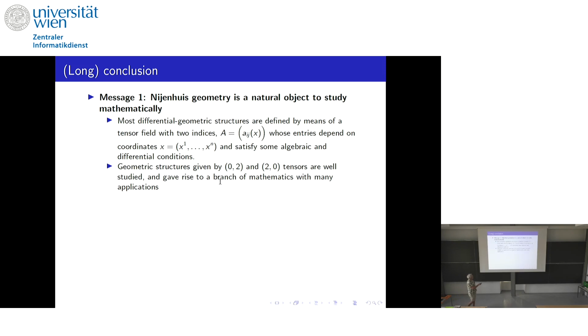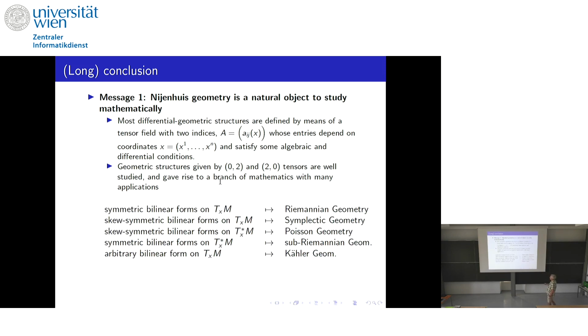Those defined by bilinear forms on the tangent and cotangent bundle are well studied, and each of them gave rise to a geometry with many mathematical applications. A symmetric bilinear form on the tangent bundle gives Riemannian geometry. A skew-symmetric form gives symplectic geometry. A skew-symmetric form on the cotangent bundle gives Poisson geometry. In these cases we have some closedness condition or Jacobi identity condition.